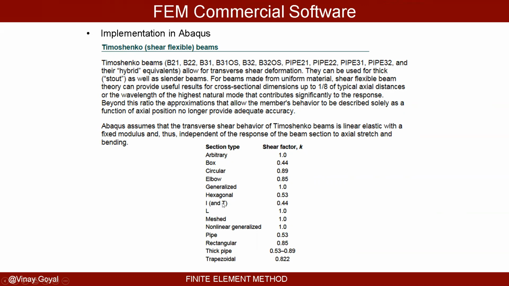Everything here is very similar to what I discussed. It allows you to look at different shear correction factors. You can see here, for a rectangular cross section, you get 5/6, which is what I discussed, and that's consistent with Abaqus. For other types of geometries, the shear correction factor could be different.